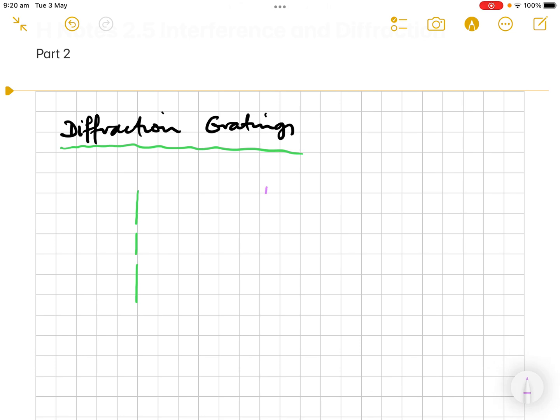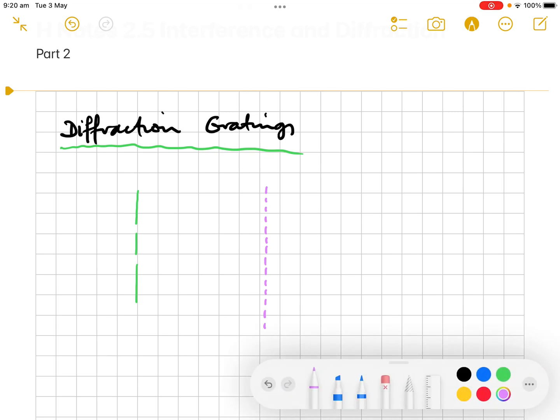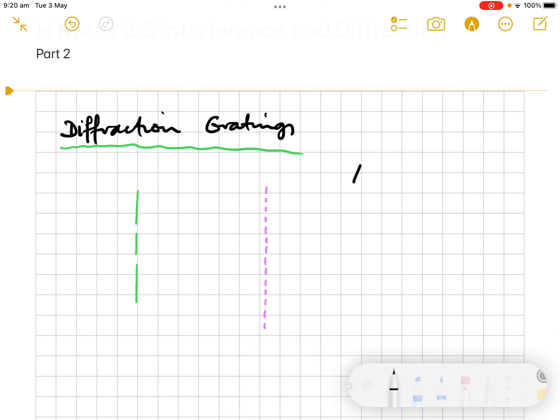So a grating would be represented by this. You can effectively think of the grating as being many pairs of slits set symmetrically about the centre. The advantage of gratings are twofold.